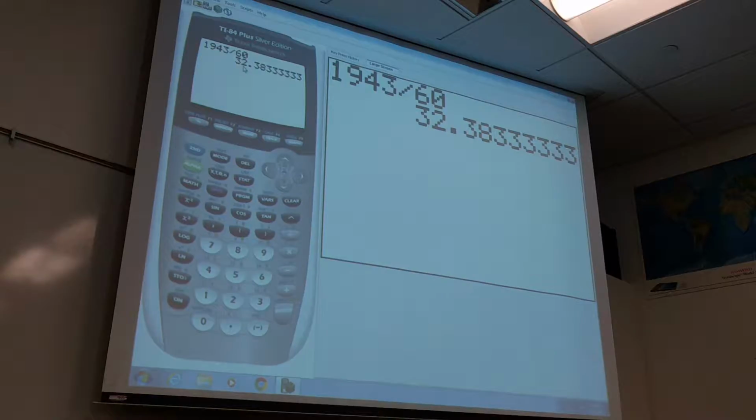You get 32, that's the main piece, but then you get this other stuff. So watch this. That is the remainder in a way. That's not the remainder, but it's related to it.